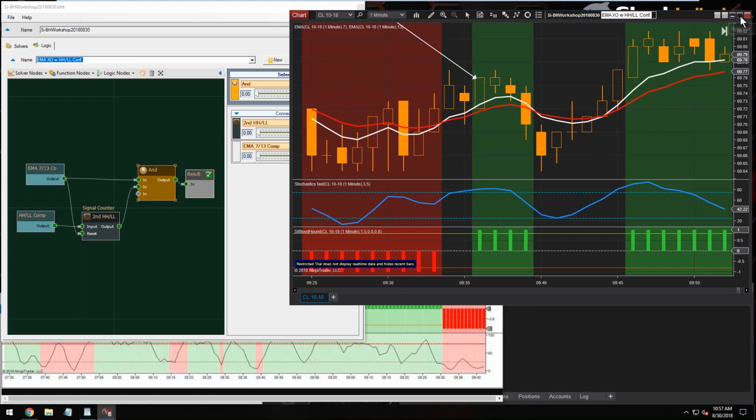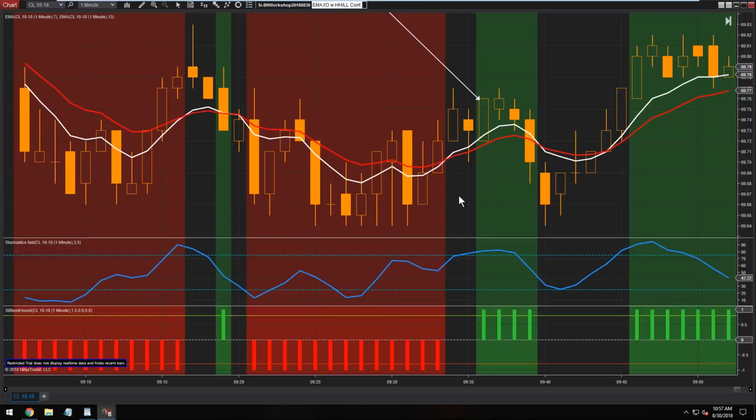So let's take a look, and we'll do some confirmation here. Yeah, so this would be the first bar after the EMAs crossed down, and it made a lower low. And then here's the second bar, made a lower low. All right, so that looks good.